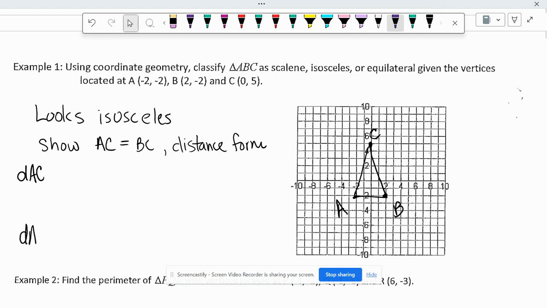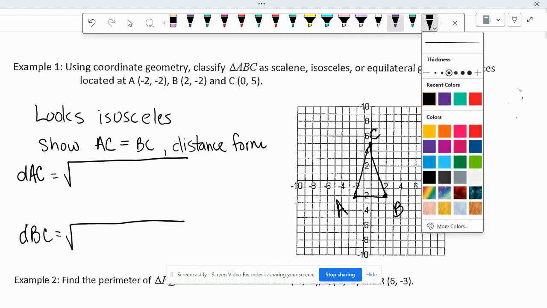High or low? What's going on with you, bud? Do you need a snack? I need someone to set up AC. Coming back, you can tell me what the numbers are. What am I putting in there? Someone calculate the distance of AC.